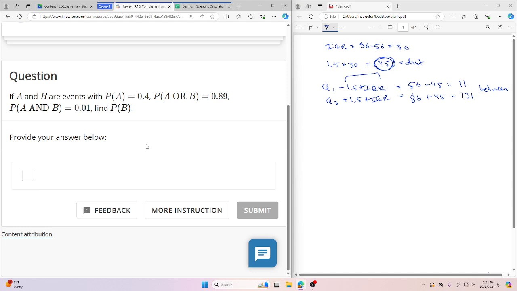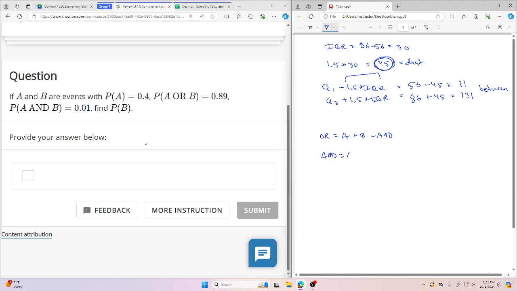So we were talking about this after class last time. If you want to have just like a set of formulas that always works, you can list out all these individually. So the or, I'm going to do the succinct version. Here we go. We got right now or is equal to A plus B minus the and. But if you manipulate it, you can get whatever you need. So like the and the or can swap.